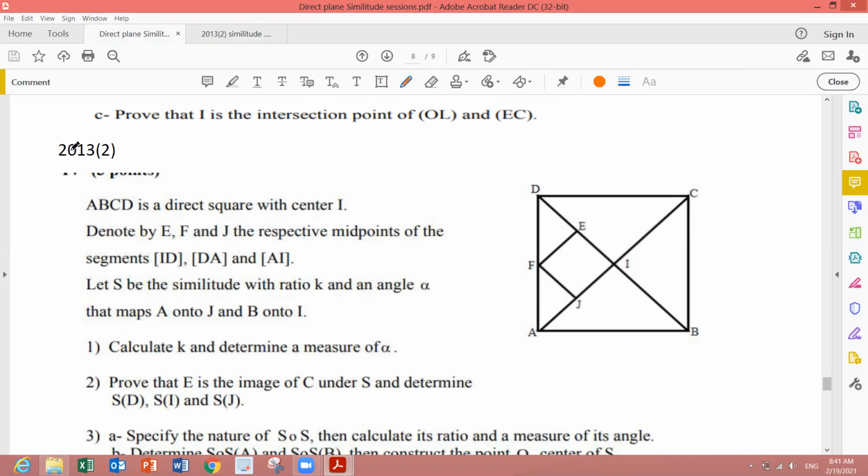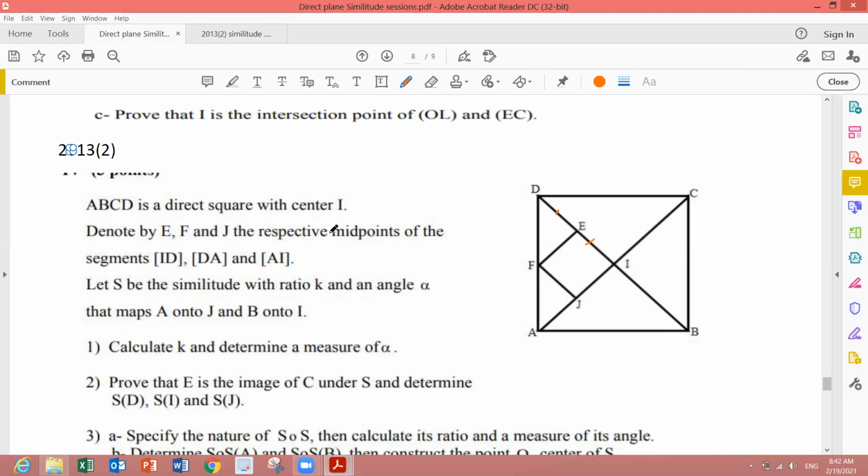2013 second chance. ABCD is a direct square with center I. So we draw a square ABCD of center I, any given length. E is the midpoint of ID.